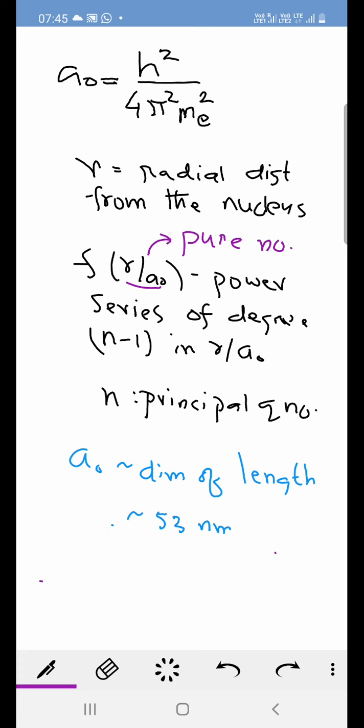So it implies that psi n square will represent the probability of finding the electron at a chosen distance r from the nucleus.